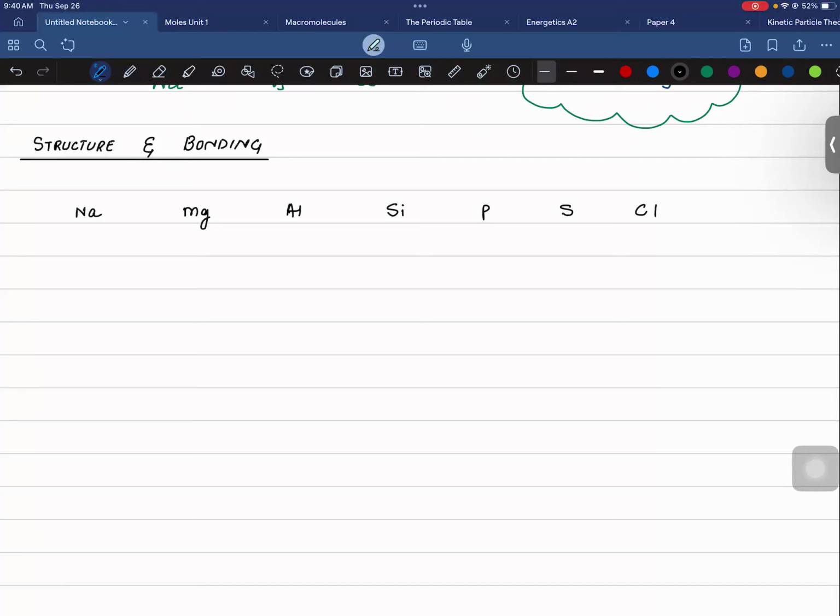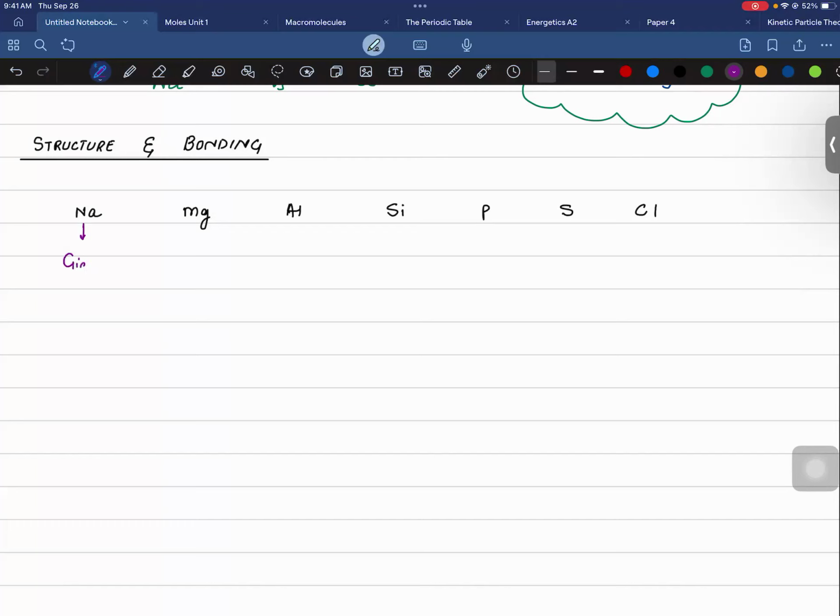Can you repeat that one more time? Let's suppose I ask, what is the structure and bonding of sodium metal? They're metals, so it is a giant metallic lattice.